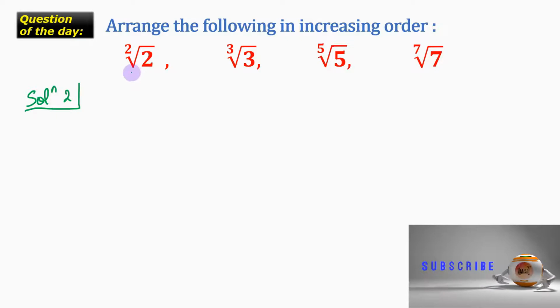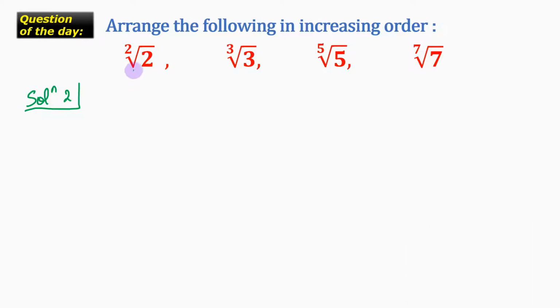So now that solution 1 has failed, let us check out solution number 2. Rather than comparing all 4 terms at once, we are going to take these terms in pairs. Let us consider square root of 2 and cube root of 3.